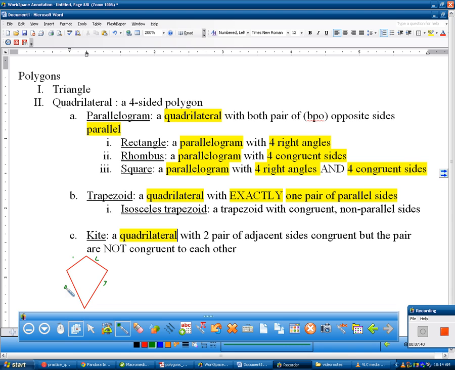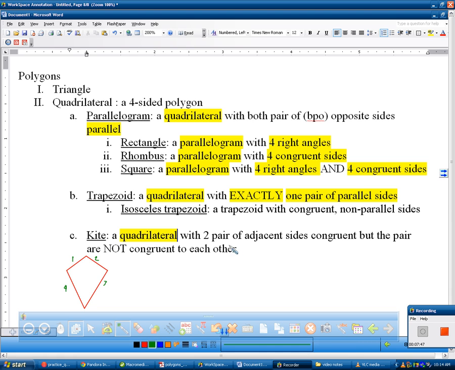Which sides are adjacent? Anybody want to give me a pair? Which ones are adjacent? 1 and 2. What else are adjacent? 4 and 3. What else are adjacent? 1 and 4. What's not adjacent? 1 and 3 or 2 and 4.